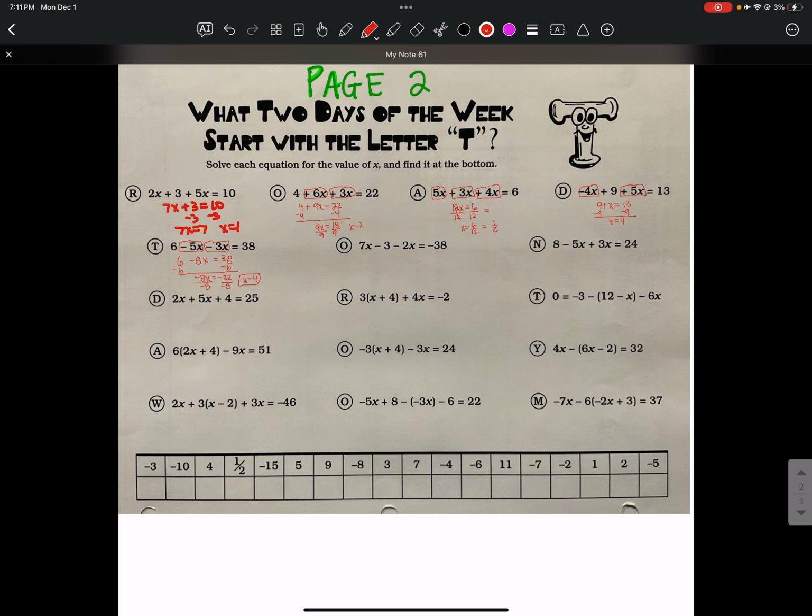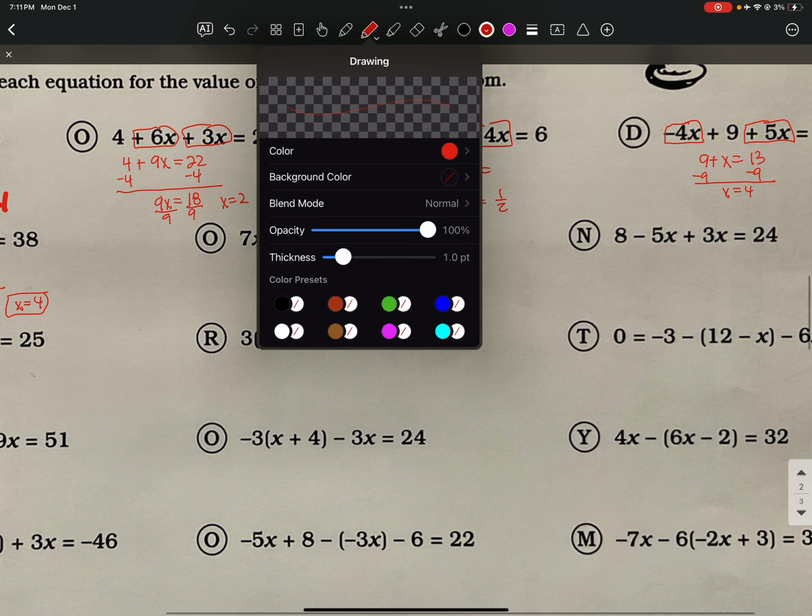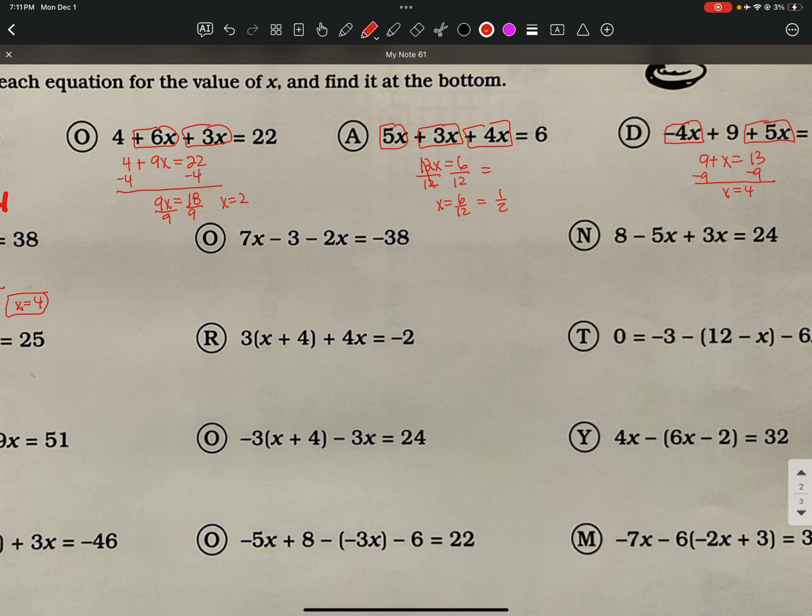Let's see here. 7x's minus 2x's is 5x's, so 5x's minus 3 equals negative 38. Plus 3, plus 3. 5x's equals negative 35. Divide by 5. X equals negative 7.